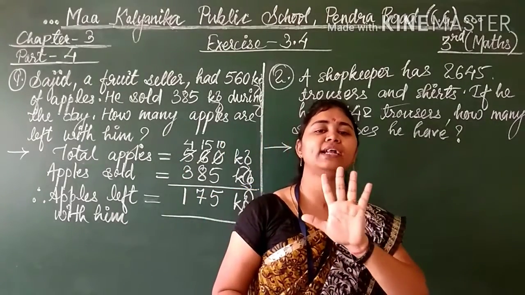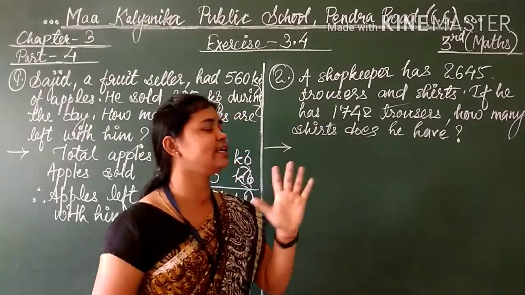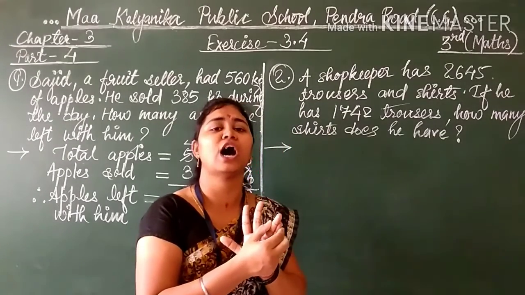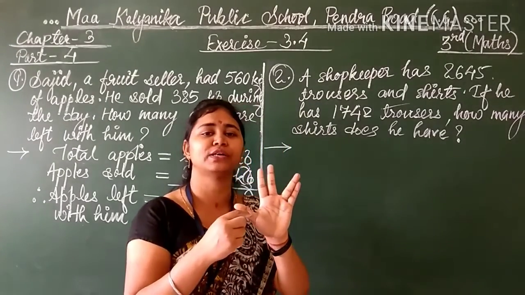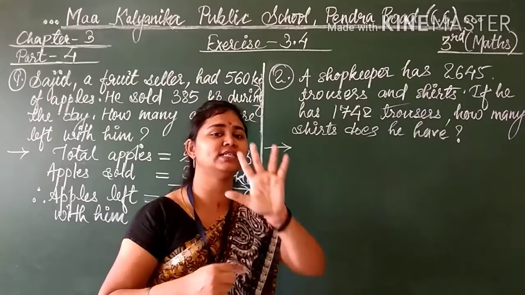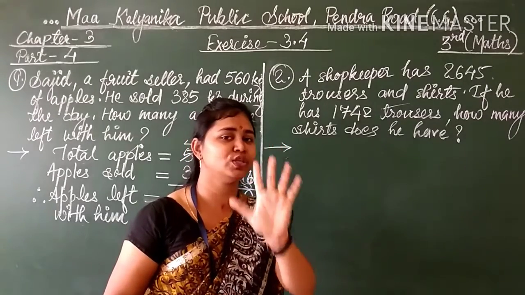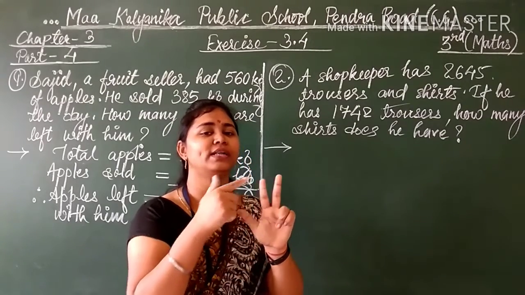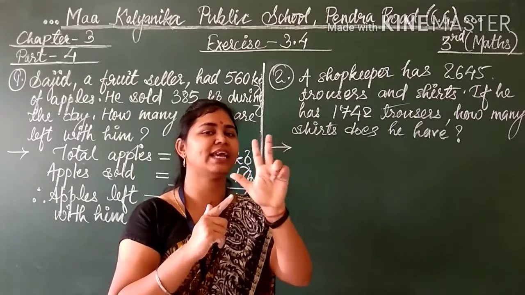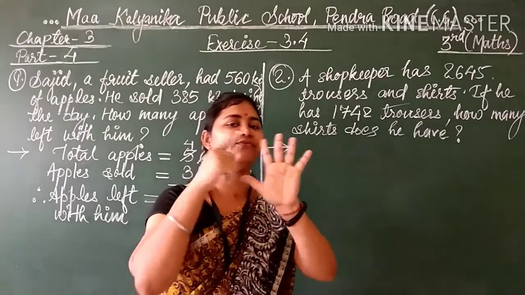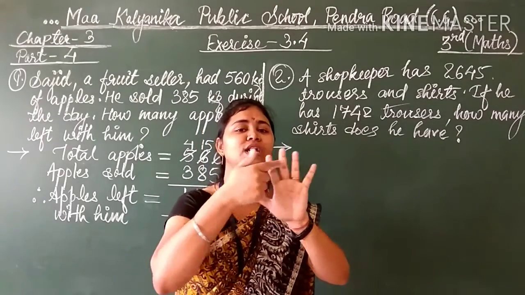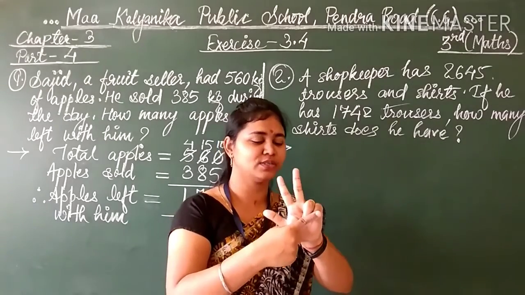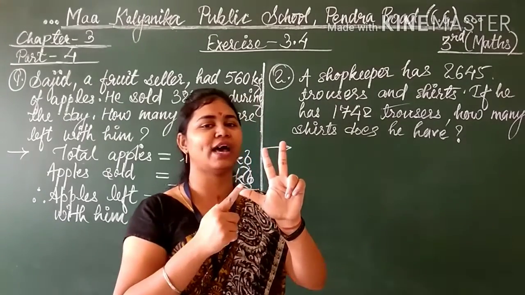So out of that, if I am telling like here it is given, out of that 2 are trousers, how many are shirts? So students, the question is, you have 5 shirts and trousers. If 2 are trousers, how many are shirts? Is this indication easy for you?